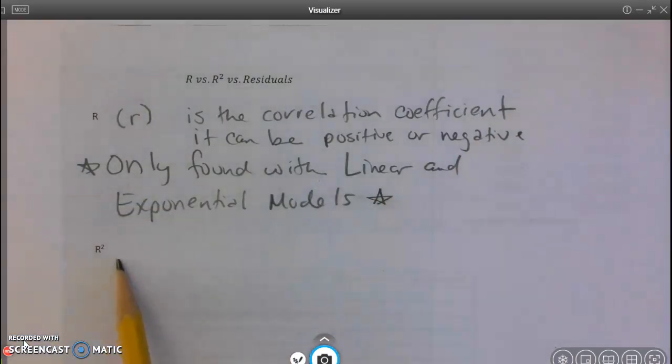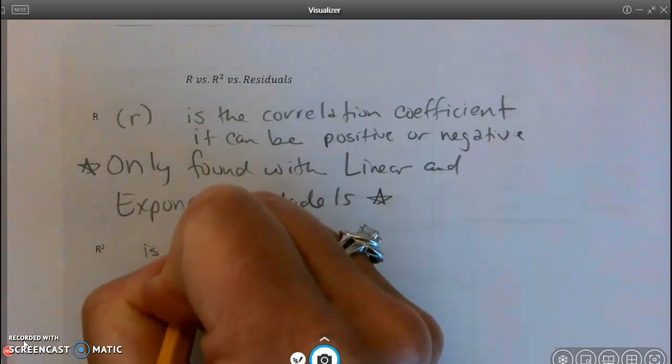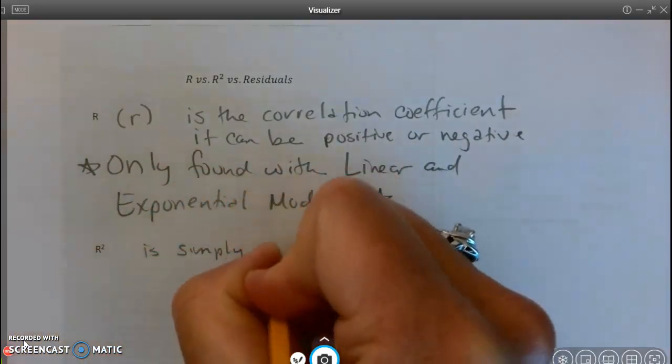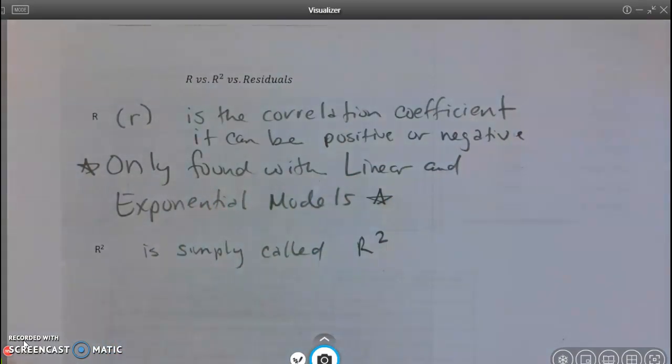Now, R squared has no other name. This is called the correlation coefficient. R squared is simply called R squared. If you call R squared the correlation coefficient, you will lose points. Your explanation will be marked wrong, because that tells me you don't know what R squared is.